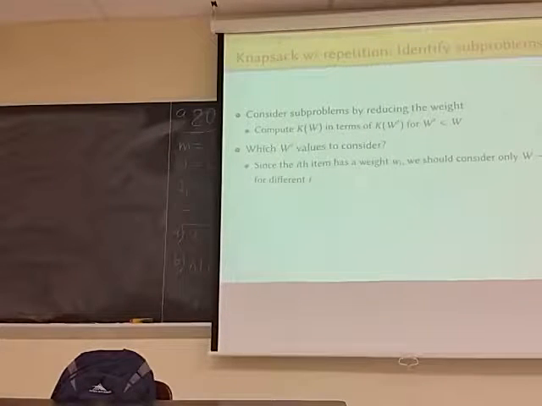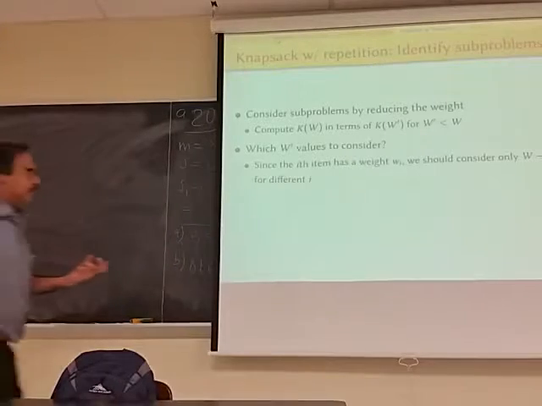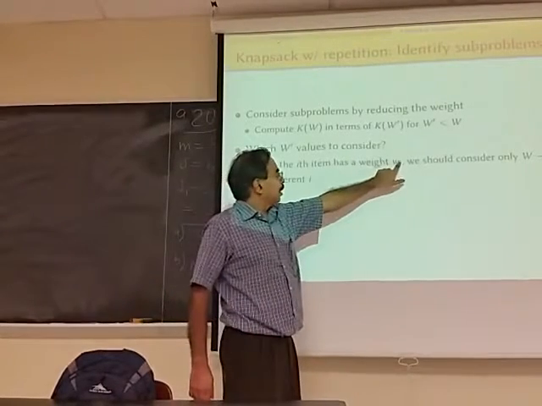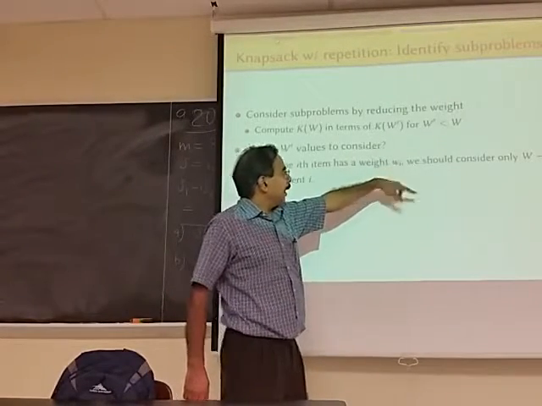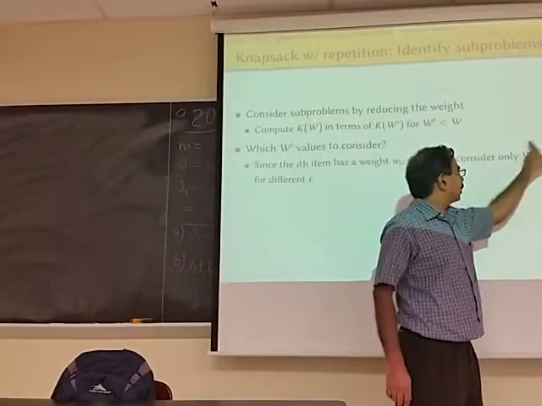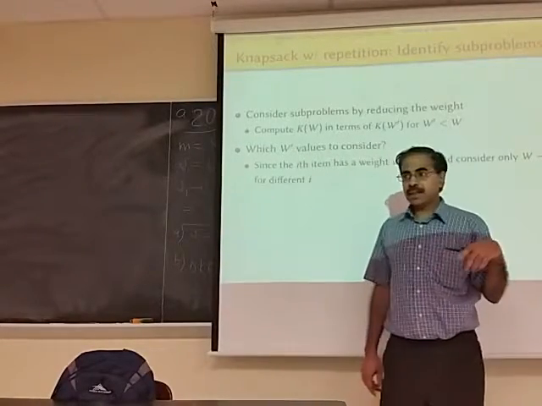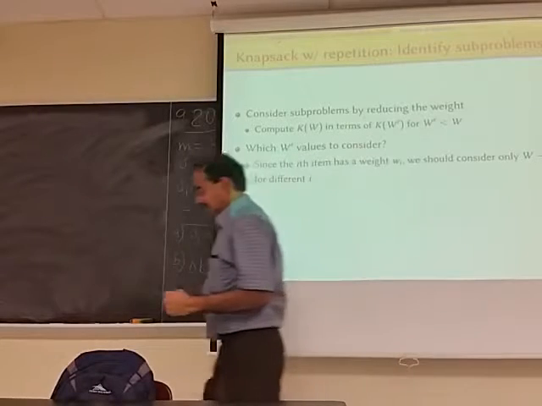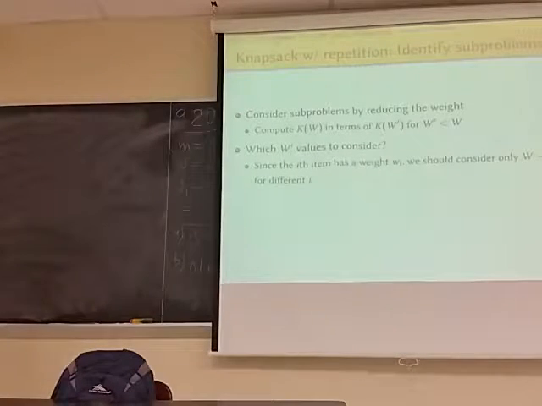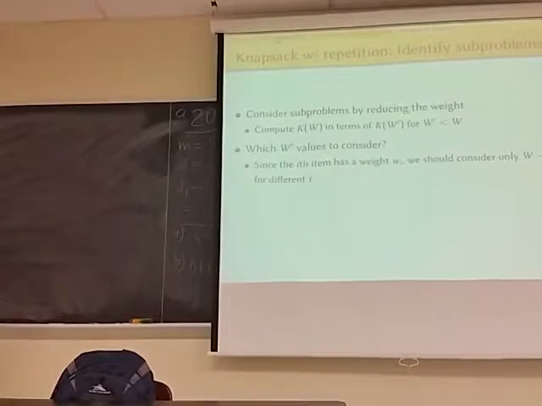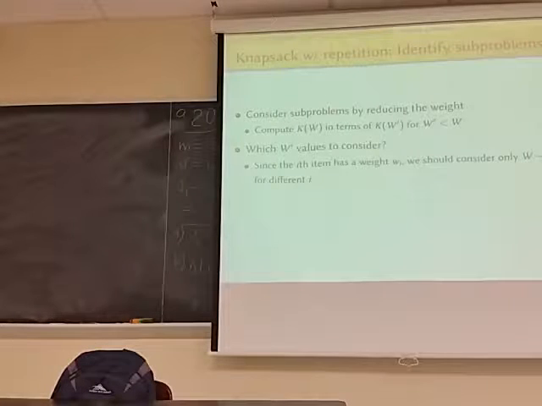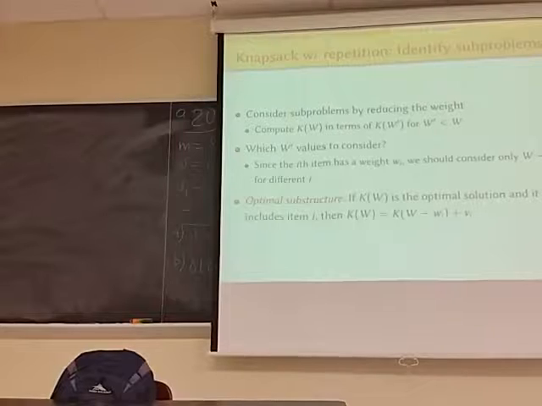So you're trying to pick the ith item. The ith item has a weight of lowercase wi, and so if you maximize the value that you can get for w minus wi, and then add the ith item, then you have a new optimal solution, provided the ith item is supposed to be included as well.